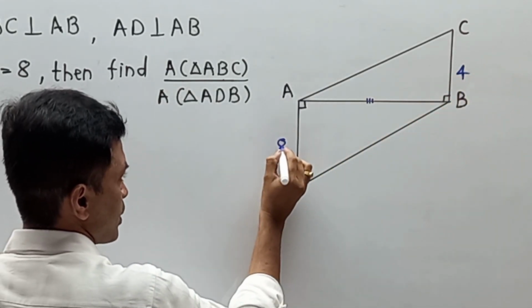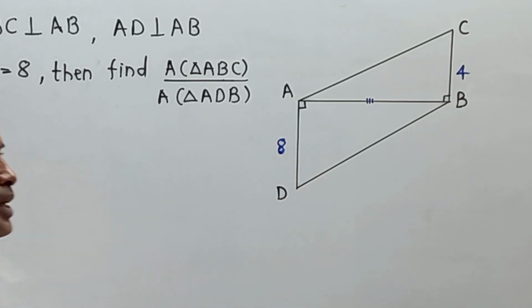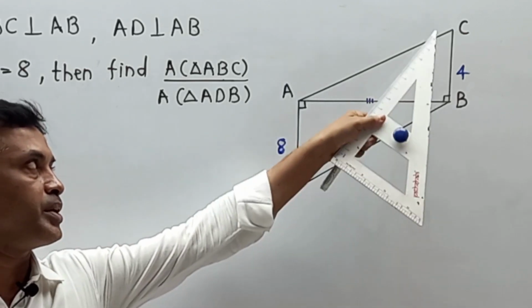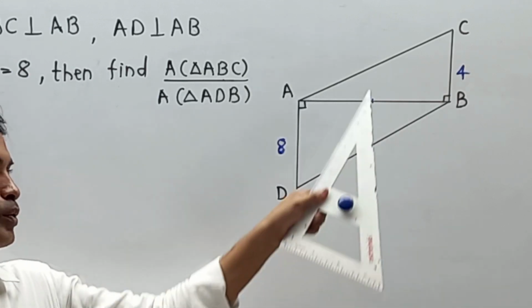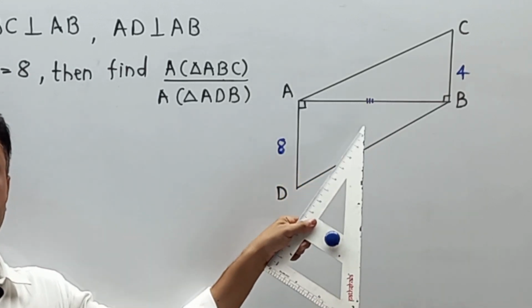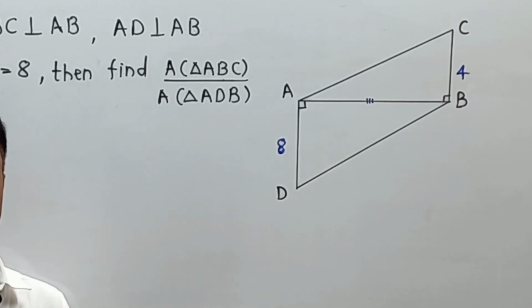This is quite sufficient for the calculation. And here we have to take the ratio of area of triangle ABC upon area of triangle ADB. Now we are going to convert this diagrammatical presentation into mathematical form.